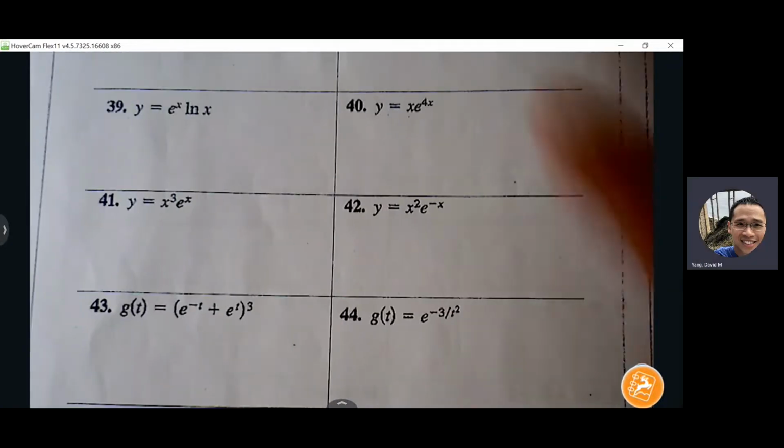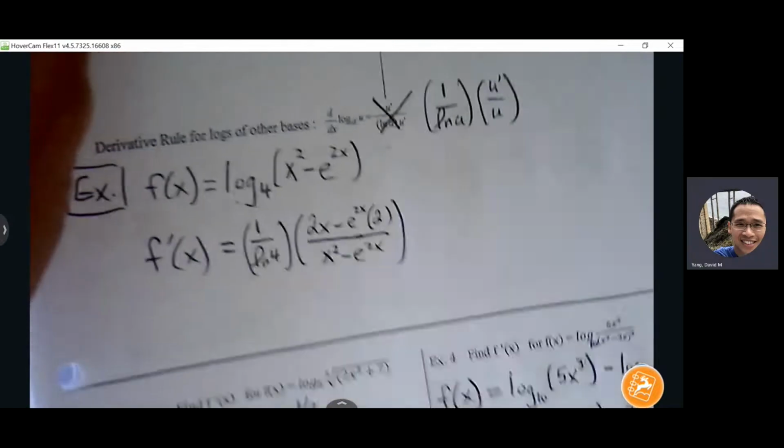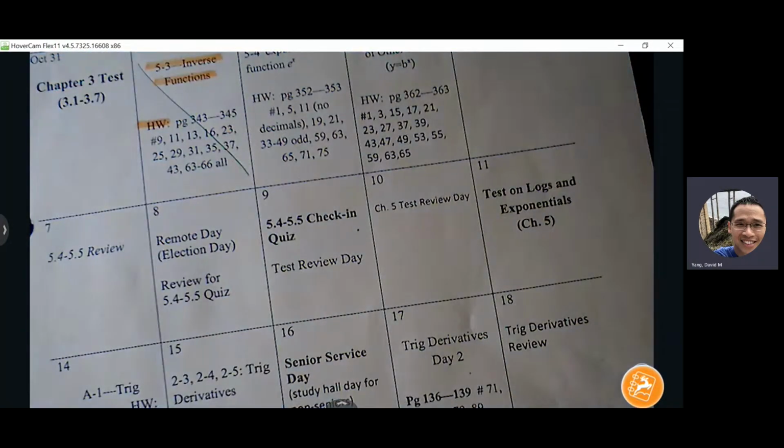Okay, so let's move to today's topic, which is on page 19. Derivative of logs of other bases and derivatives of exponential functions of other bases.